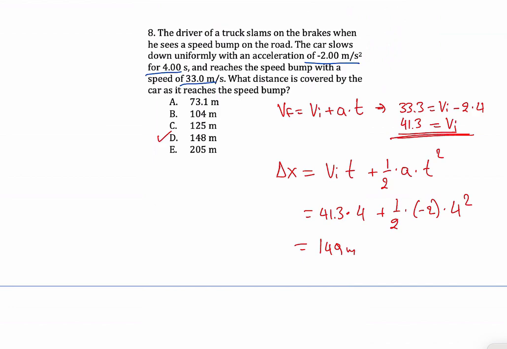So we know speed, acceleration and time, unless I made a mistake in this calculation, for 33. I said 43.3 for some reason, but the actual value is 33. I don't know why I did this. So if we change our calculations a little bit, I believe we're going to find 148 meters.